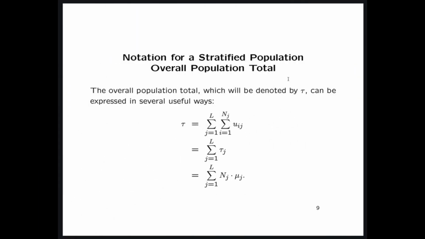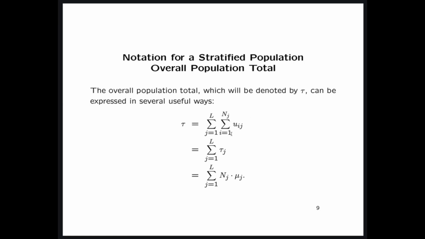Now the overall population total, which we will denote by tau without a subscript, can be represented in a number of ways. First, it can be represented as the sum over the entire population of members, across all strata, of the members within each of the strata. So the sum j going from 1 up to cap L, and then i, for a given j, going from 1 up to n sub j. What are we adding up?